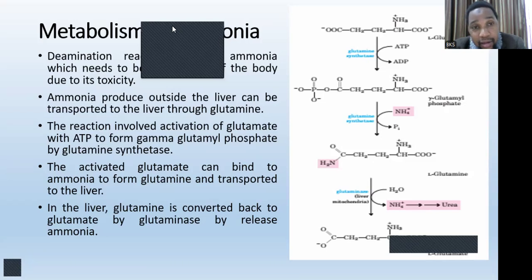In the mitochondria of the liver, it undergoes reaction by another enzyme called glutaminase, where the ammonium is released. Therefore, glutamate is formed. This is how ammonium is transported from all the tissues with the exception of muscle tissue.